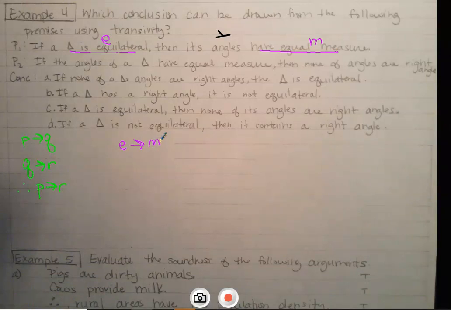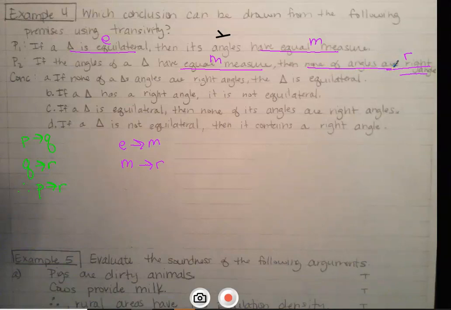Okay, premise 2. If the angles of a triangle have equal measure, so now we've got if M, then none of the angles are right angles. Okay, so then that's going to be if M, then let's say R, that's right angles. Then none of the angles are right angles. Okay?